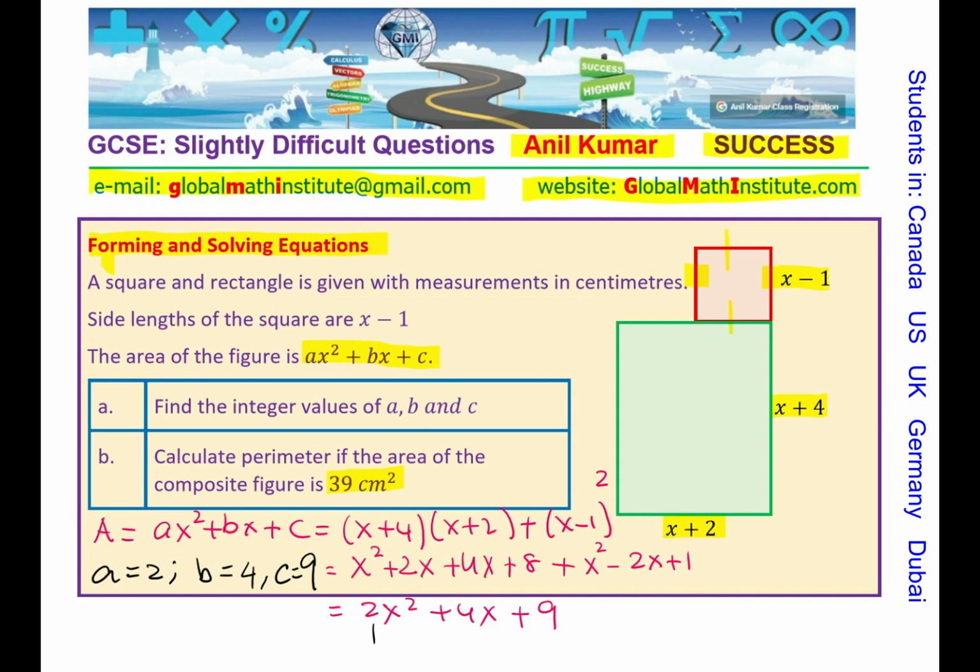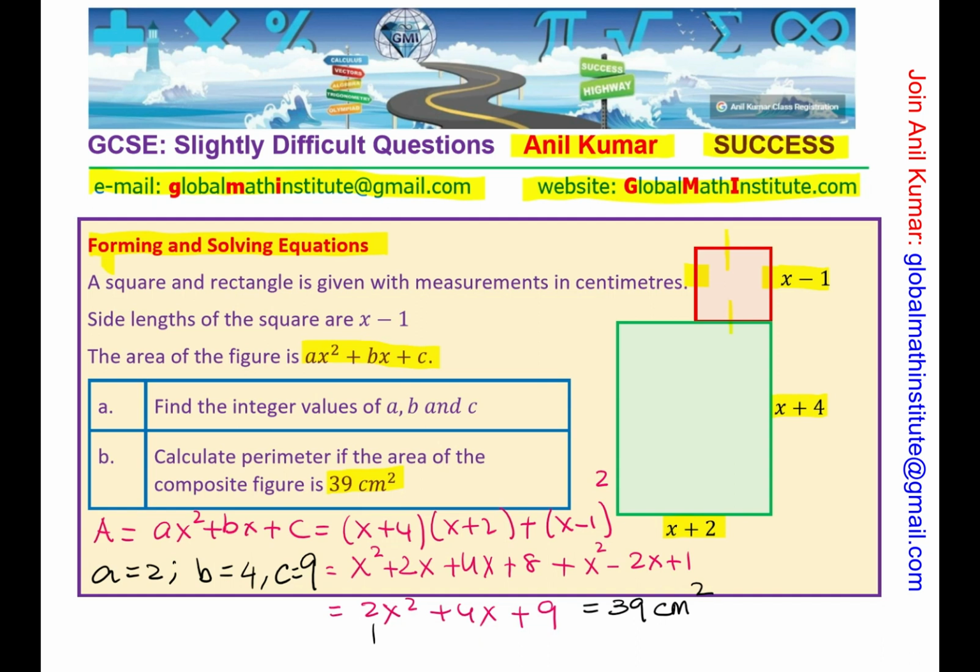Now we can look into the second part, which is: calculate the perimeter if the area of the composite figure is 39 centimeters square. So we can equate this to 39 centimeters square. Do you see that? And then we have a quadratic equation.